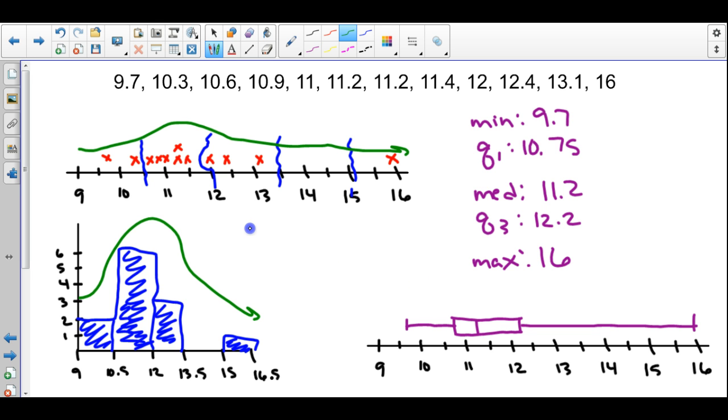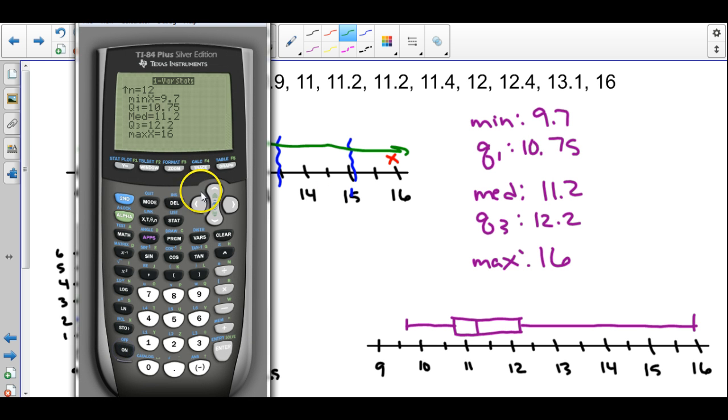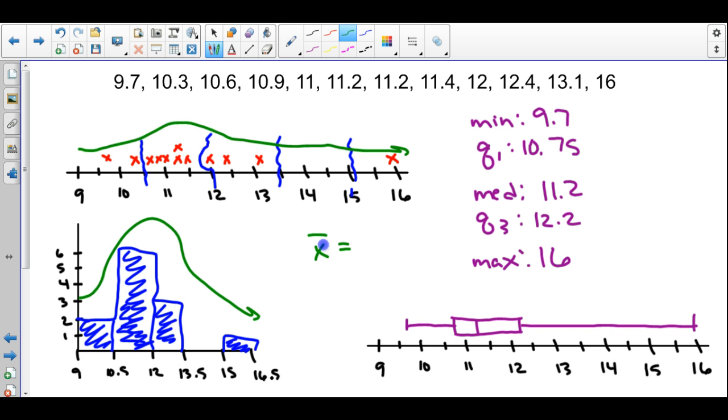The mean, when we calculated, if you look at the calculator, if I go all the way back to the top of all these statistics, the mean is up here with 11.65. So that's the X bar. If we look at that, our median is at 11.2. The mean is going to be to the right of the median. And again, the reason for that is because our data is skewed to the right.